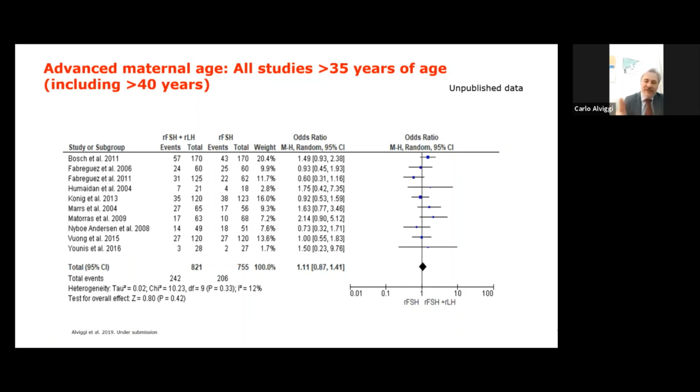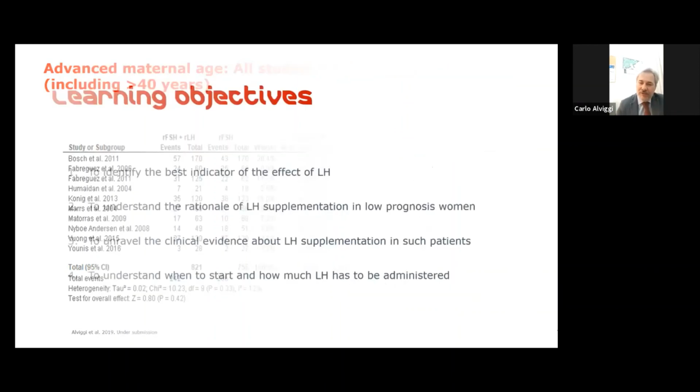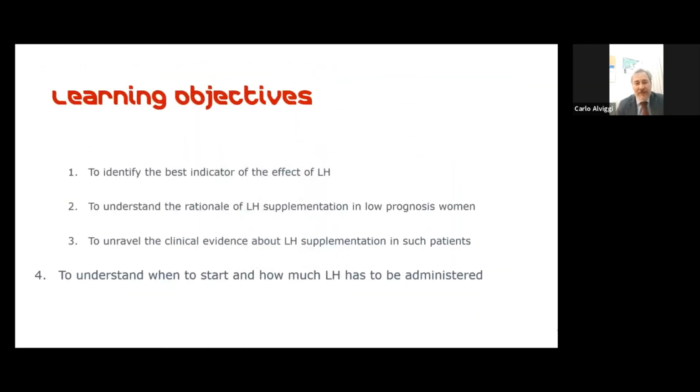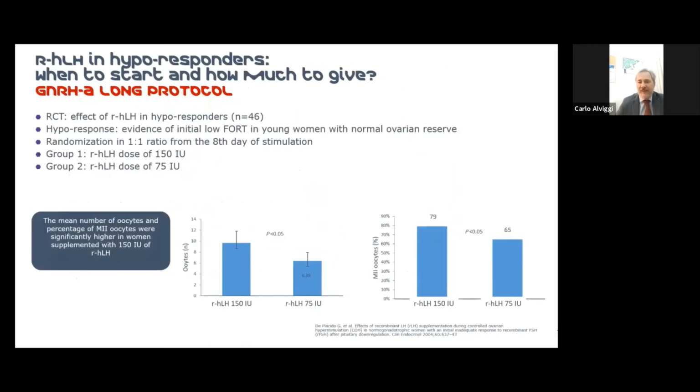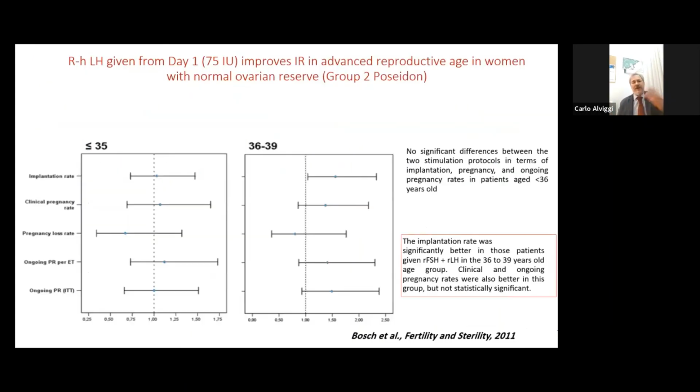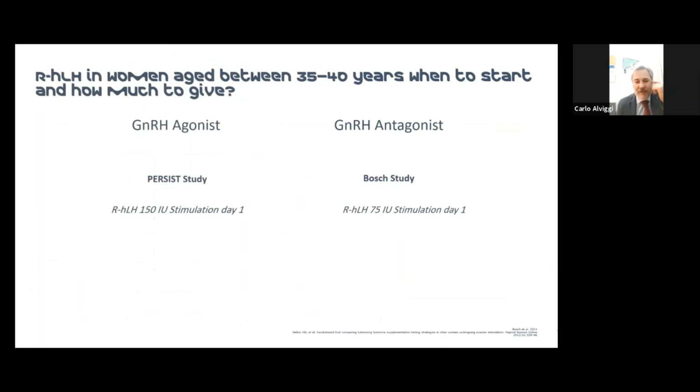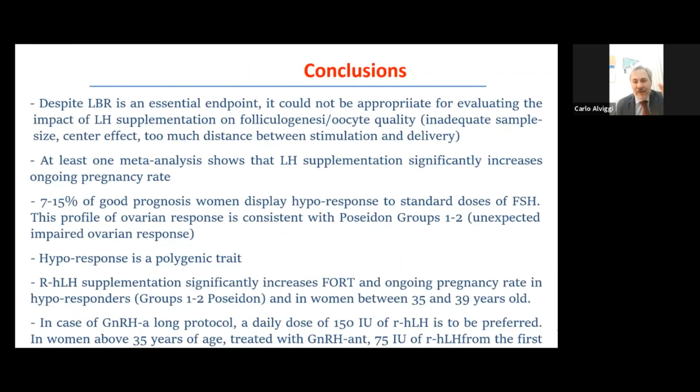If you can just show the final slides of conclusions, which I will not read, let's go directly to the conclusion, because this is just to suggest some dosages of LH for stimulation. I can only say that if you work with agonist long protocols, please consider that the minimum dose of recombinant LH is 150, not less.